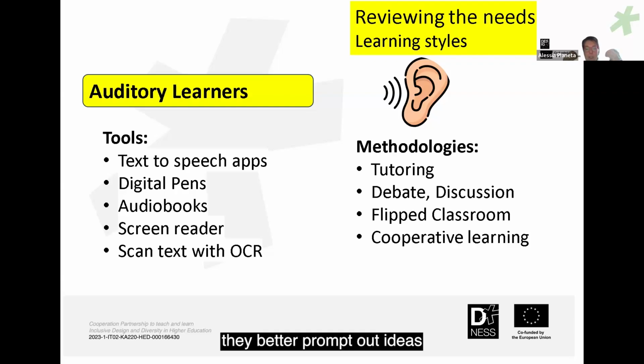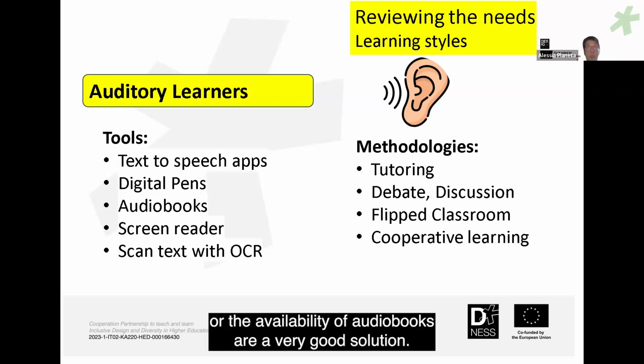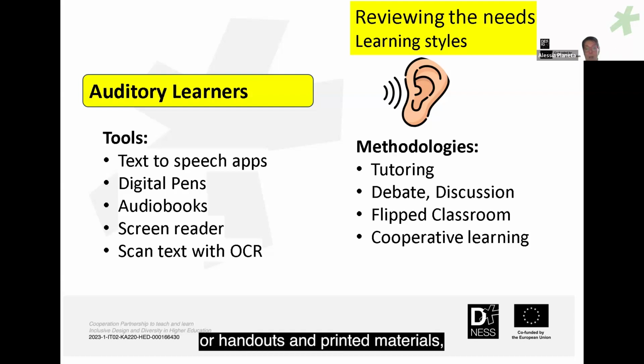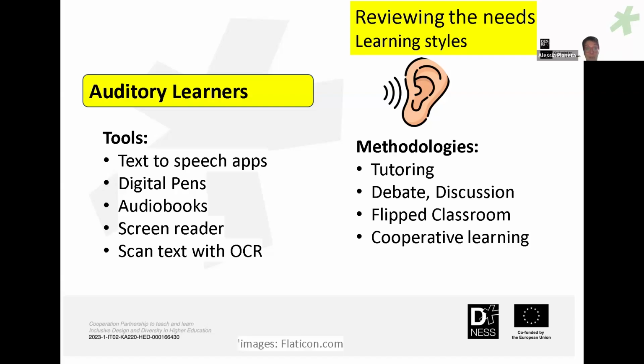They better bring out ideas when speaking rather than in advance. For them, discussion and recording of lessons or the availability of audiobooks is a very good solution, along with text-to-speech apps for handouts and printed materials.